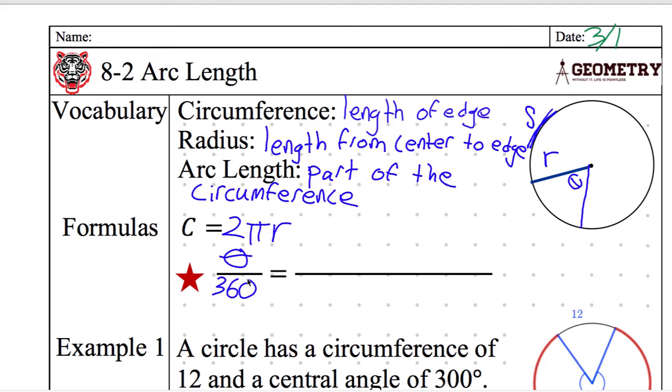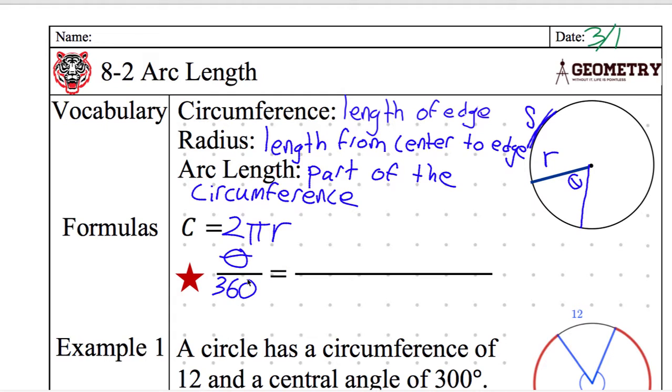So this represents the percent of the circle. If it's 60 degrees, it's 60 degrees over 360, which is 1/6. You have 1/6 of the circle. This is just some fraction or ratio or percent of the circle. This percent of the circle is equal to your arc length divided by the total circumference.